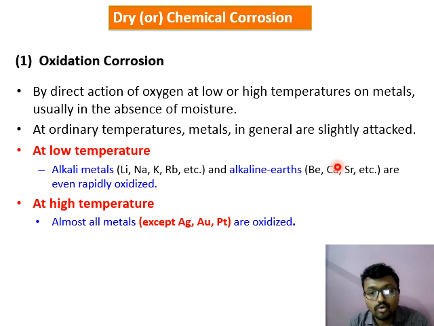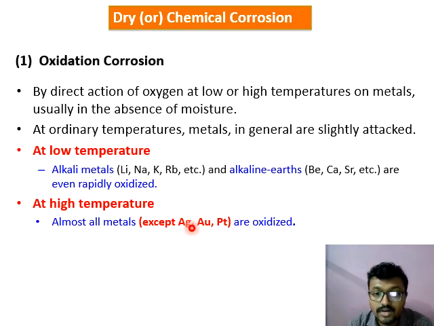For these, the oxidation process starts at very low temperature. For some metals, oxidation starts at a little higher temperature. For example, iron does not start at low temperature, it starts at high temperature. And there are some metals which are less susceptible to this corrosion.